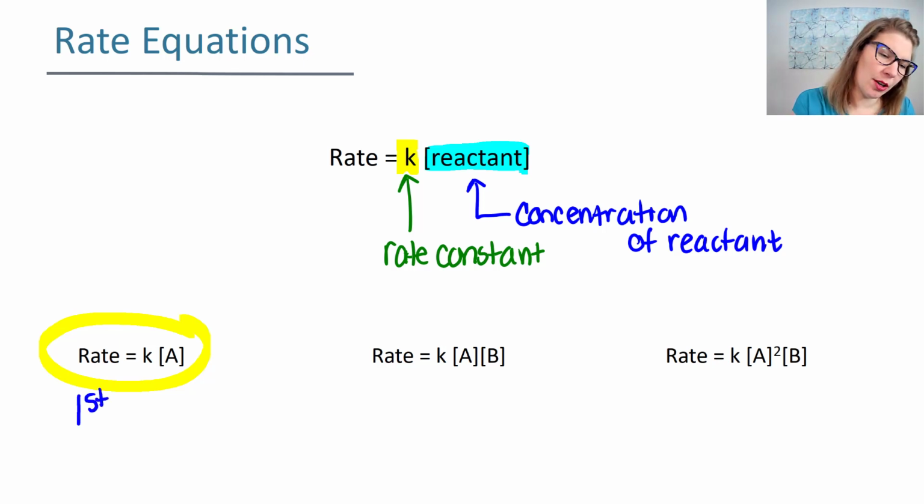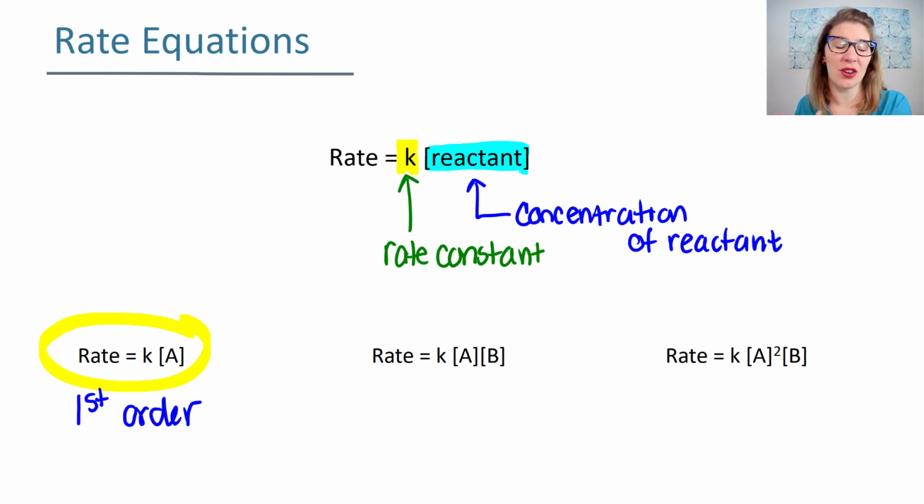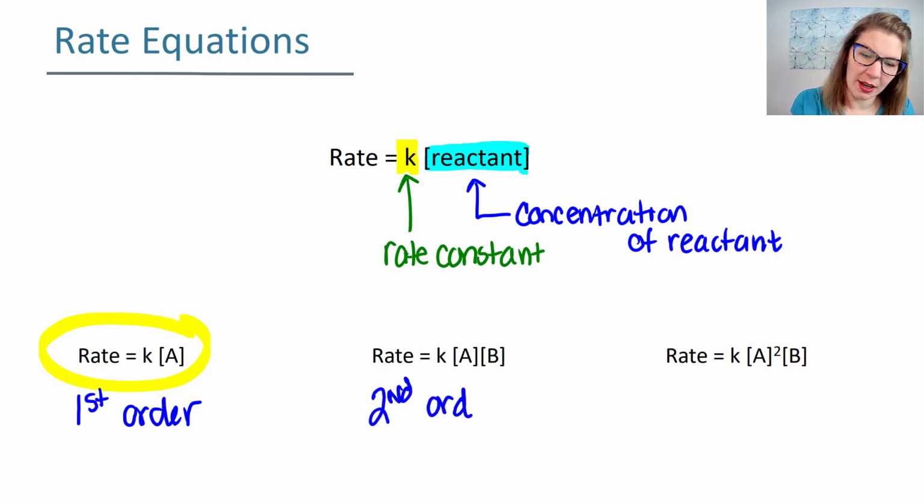In this first order rate equation, if there's even another compound in the reaction, it does not even affect the rate. It's just A that affects the rate. If you have both compounds, so A and B, affecting the rate, that's called a second order rate equation. And there's other ways that you could have a second order rate equation, but they're not typical in organic chemistry and the reactions that we're going to look at for rate.